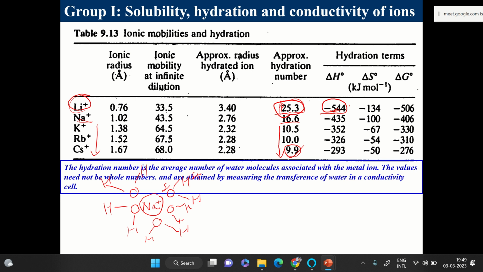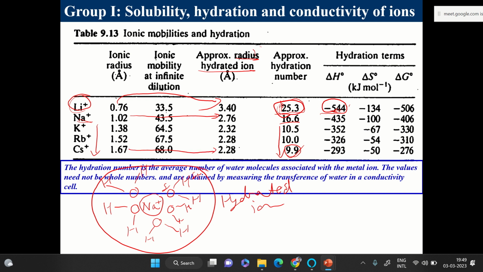Also, because there are 25 water molecules surrounding one lithium plus, if you look at the radius of the hydrated ion, so this is a hydrated ion, this is what we call hydrated. So hydrated ion will become larger than the corresponding ion. So see the change, 0.76 to 3.4, 1.02 to 2.76, like this.